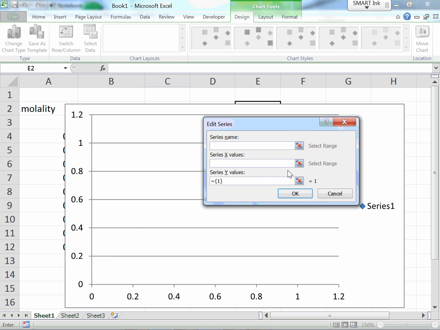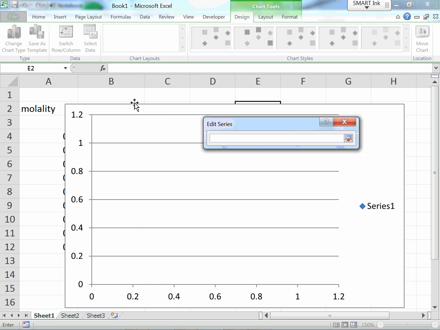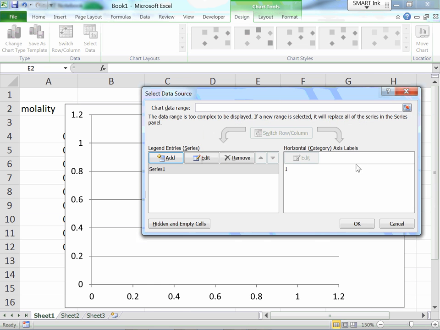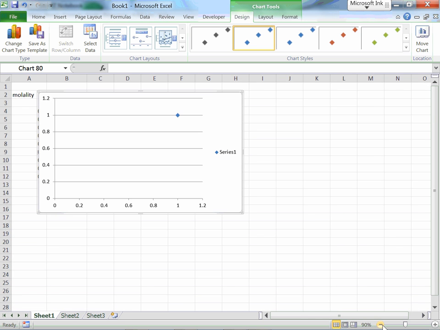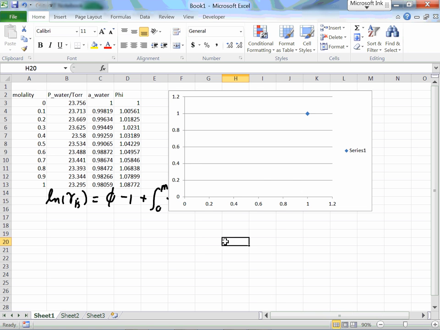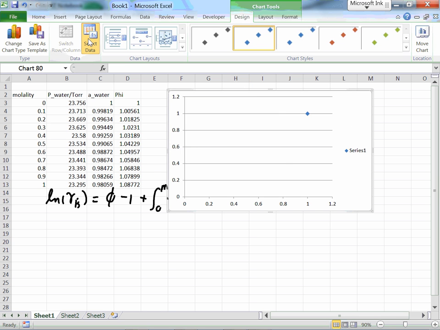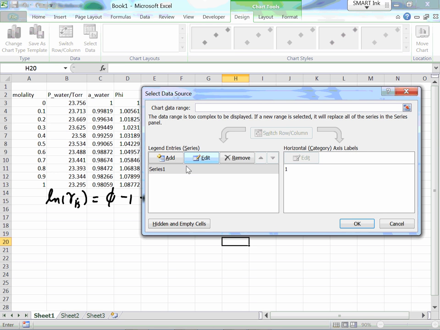Okay, what do we want to do first? Phi versus m, right? So which one is phi? Let me get rid of this first, and zoom out a little bit so I have a little more room. So I'm going to select data, remove that one, add a series.